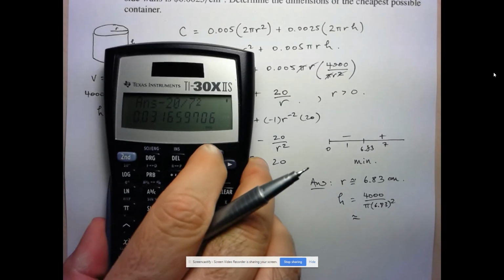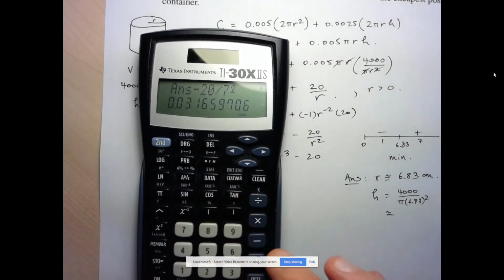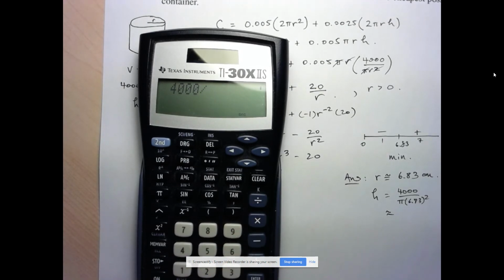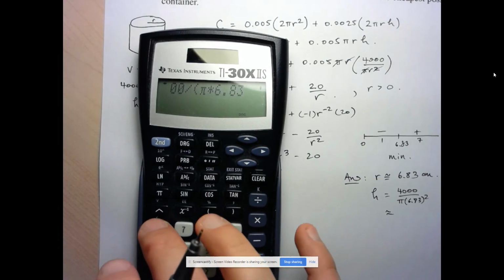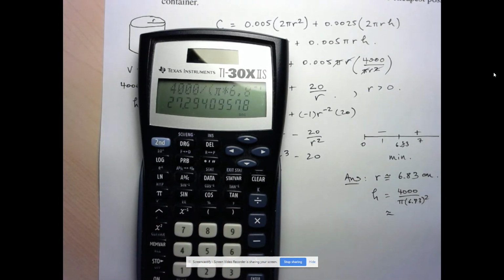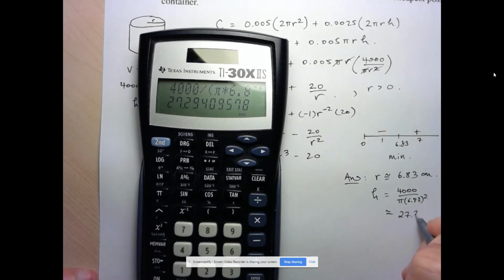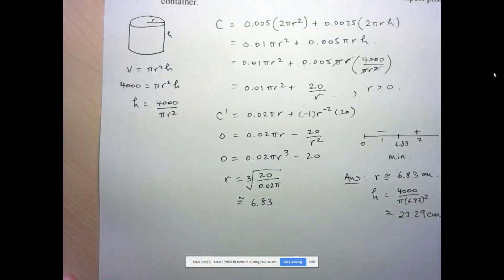So let's calculate that. We have 4,000 divided by pi times 6.83 squared, and that gives us about 27.29. All right, so there's our answer.